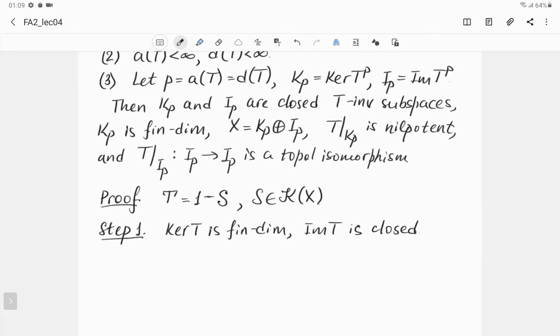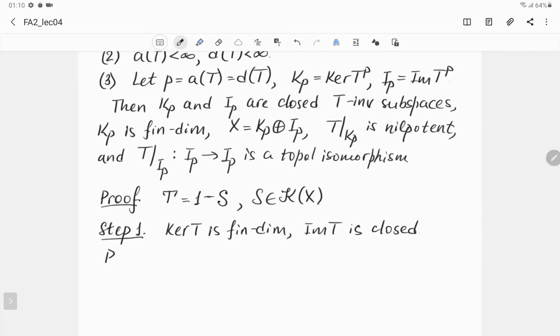By the way, let's recall that we already know that the image of any Fredholm operator is closed. But in this case, it will be more convenient first to prove that the image is closed, and then to deduce from this that the operator is Fredholm.